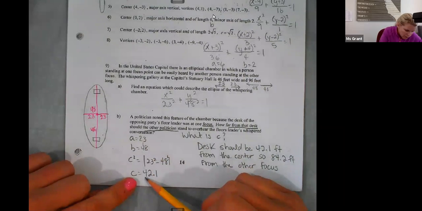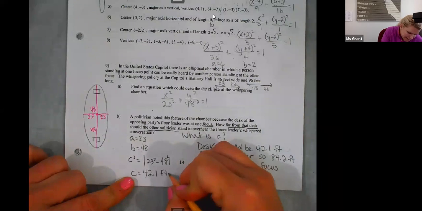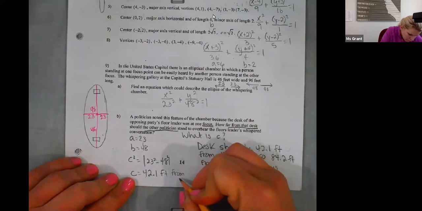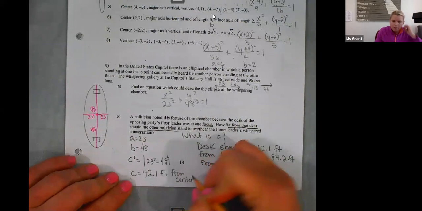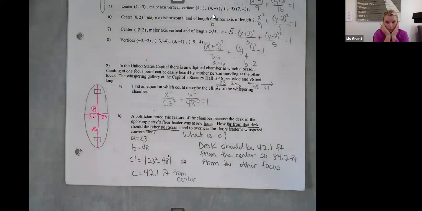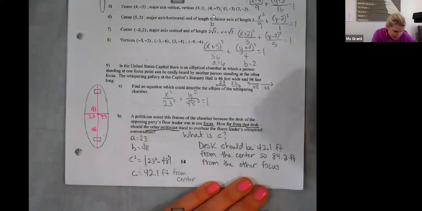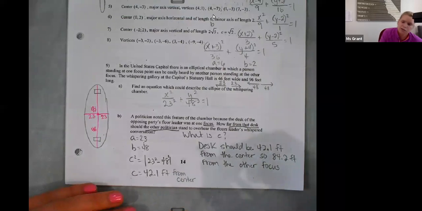Where's the focus? The focus is 42 feet from the center. So I had to do my A squared minus B squared. The desk should be 42.1 feet from the center, so 84.2 feet from the other focus. The desks are 84.2 feet apart.